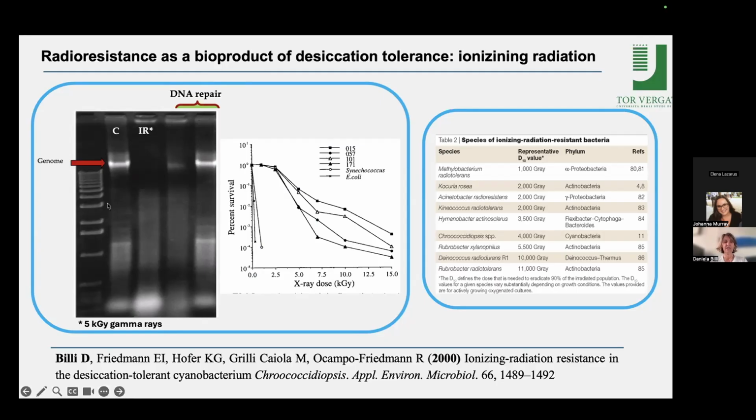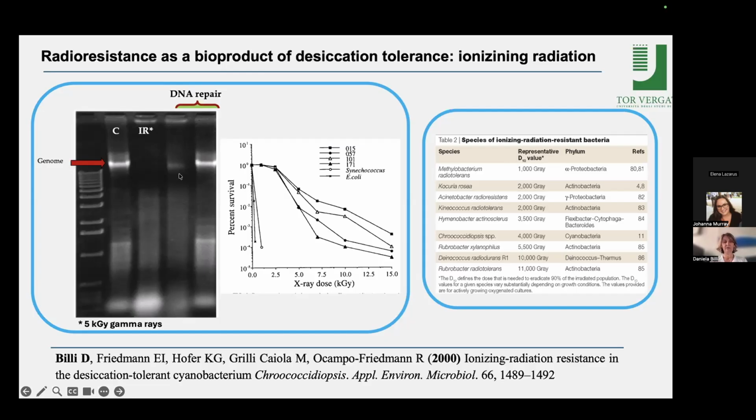Here you see the genome of a desert cyanobacterium. Here you see the control without radiation. Here you see the fragmentation of the genome after exposure to 5 kilogray of gamma rays. This is a huge dose that never appeared on Earth. So the selection for this kind of radioresistance does not come from the Darwinian concept, but is really a byproduct of desiccation.